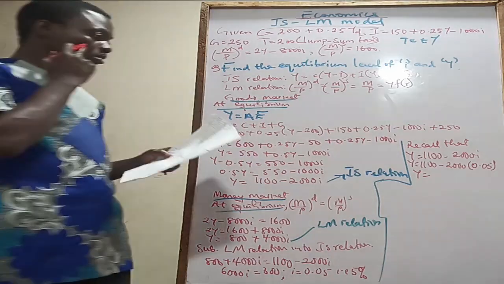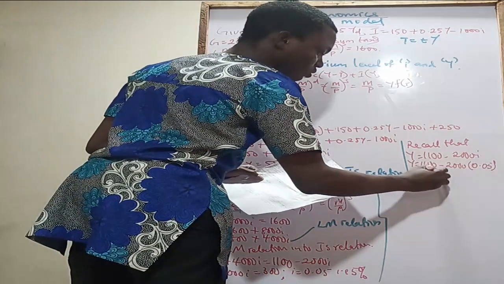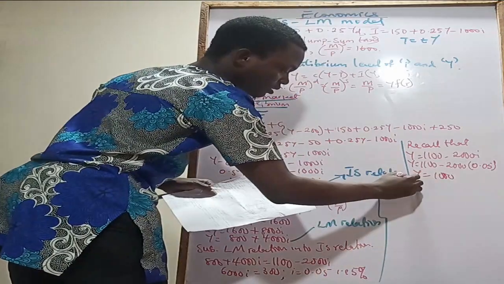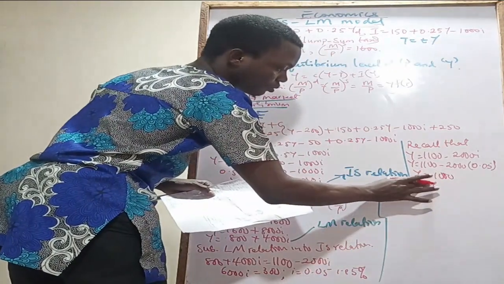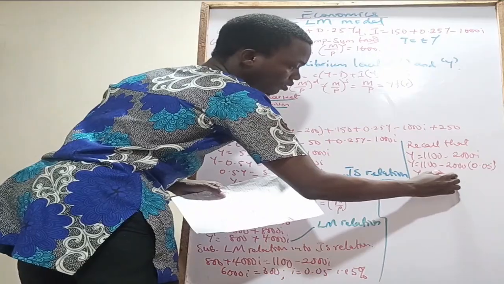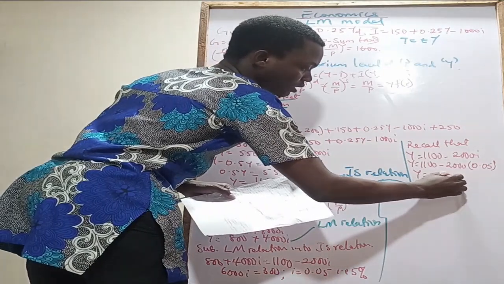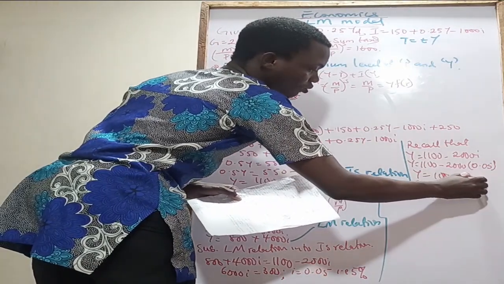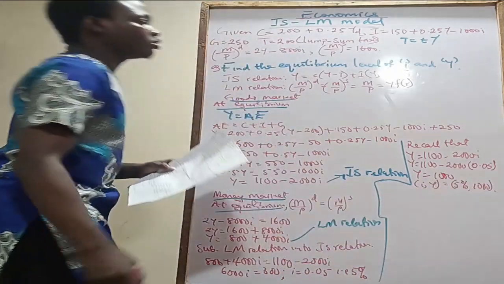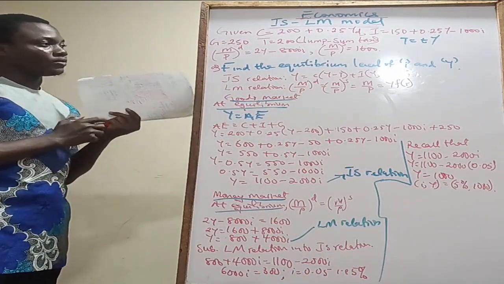Okay, it's correct. So Y equals 1000. So, as a summary, i comma Y equals 5% comma 1000. So we've been able to solve for the values of i and Y.